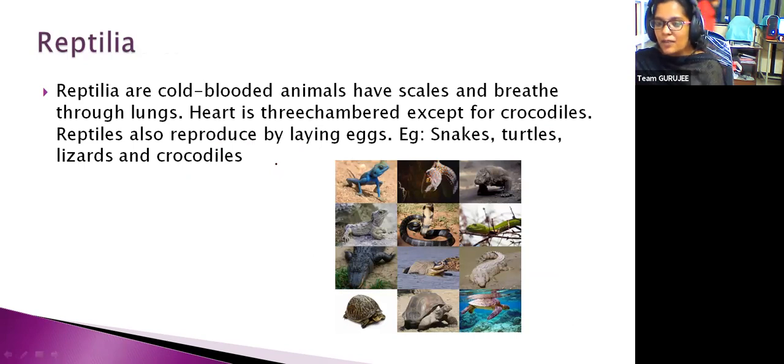Next, reptilia. Reptiles are again cold-blooded, most of them. Their respiration is by lungs. Their heart is also 3 chambered, except for crocodiles. Crocodiles have a 4 chambered heart. So the heart of most reptiles is 3 chambered.